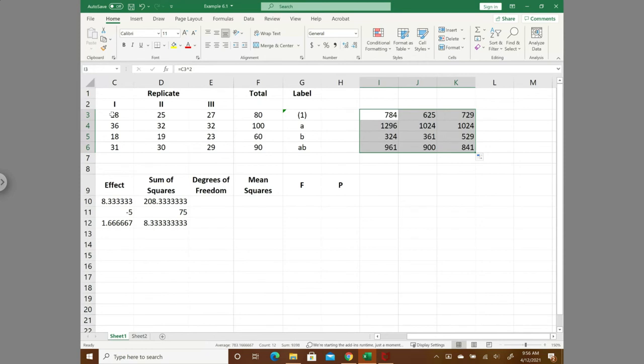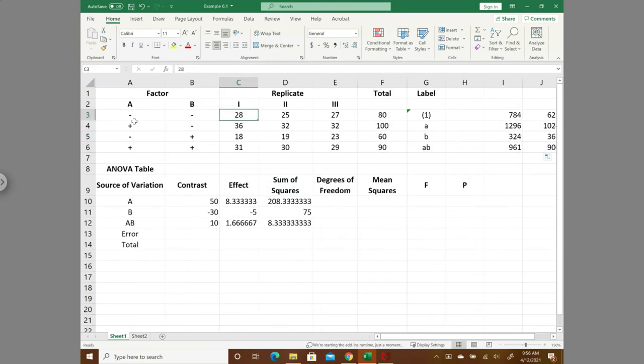These are the individual yijk, where i indicates the factor A level, j indicates the factor B level, and k indicates the sample number. First sample, second sample, third sample.